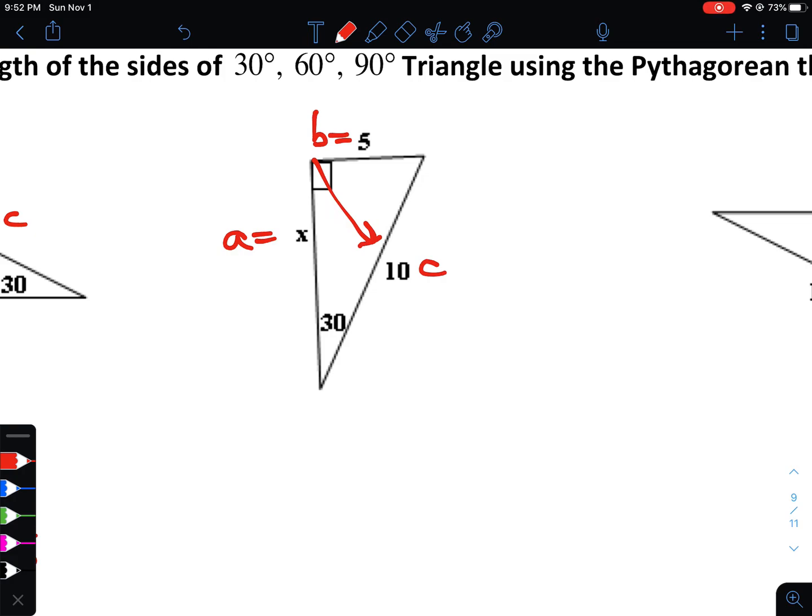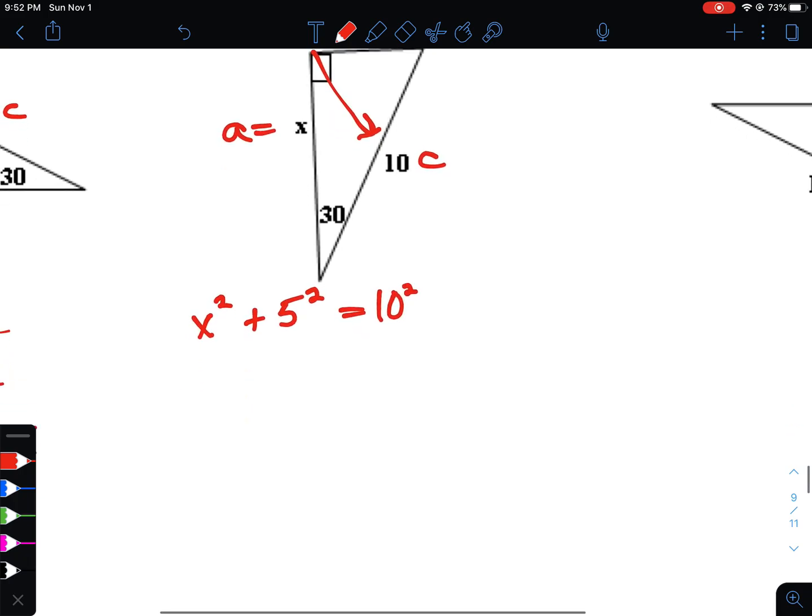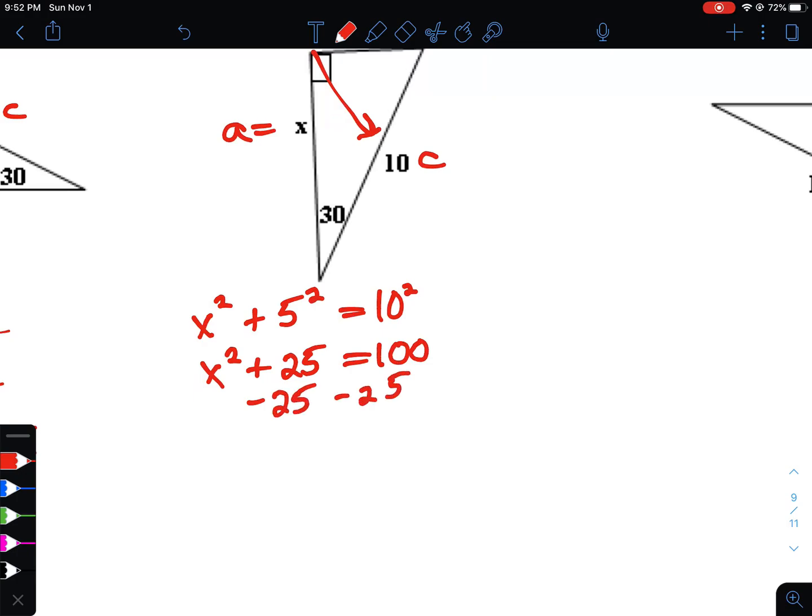So when we set up our Pythagorean theorem, we'll say that x squared plus 5 squared has to equal 10 squared. And then we'll simplify that, so x squared plus 25 has to be equal to 100. And then we'll subtract 25 from both sides and get that x squared is equal to 75.